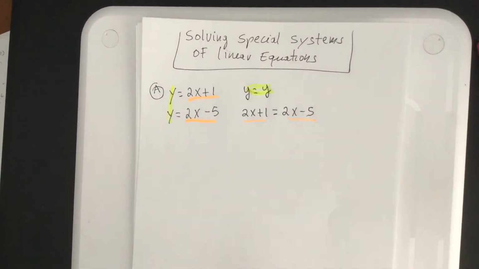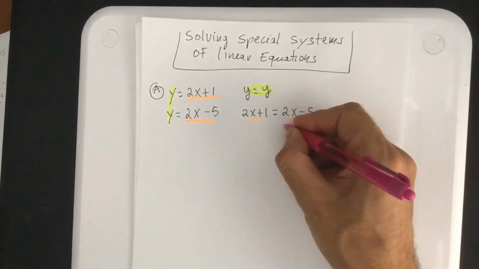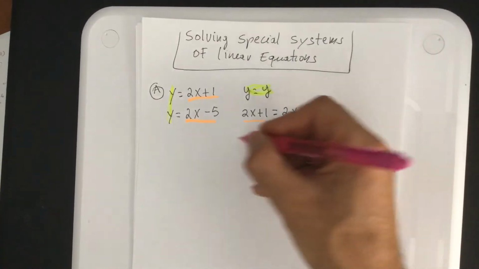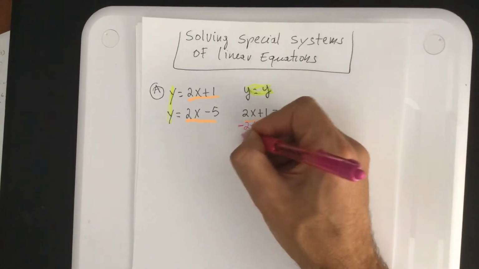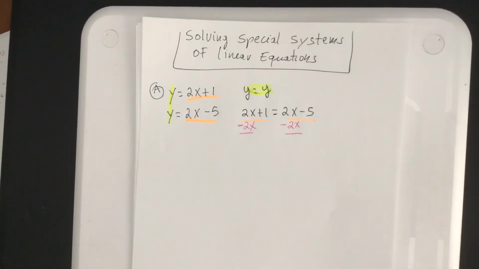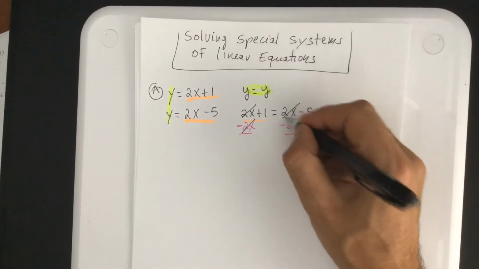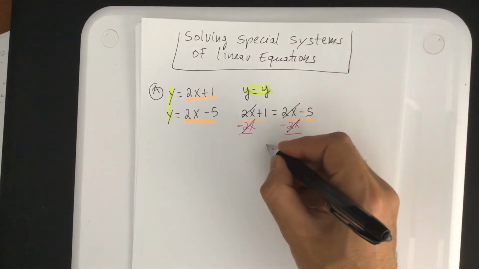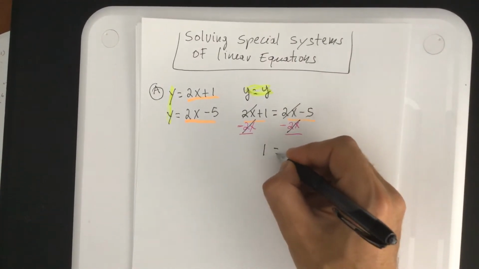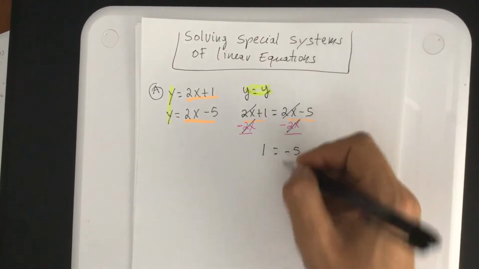Now, subtracting 2x from both sides of the equation, something happens. 2x and negative 2x cancel each other, and 2x and negative 2x cancel each other. Now we got 1 is equal to negative 5.